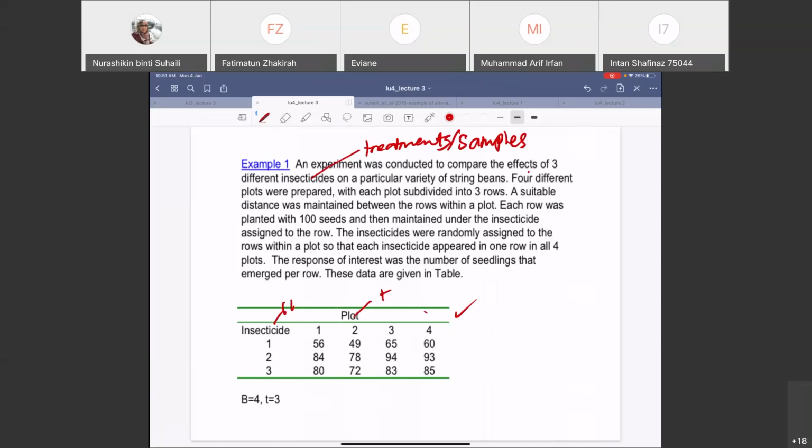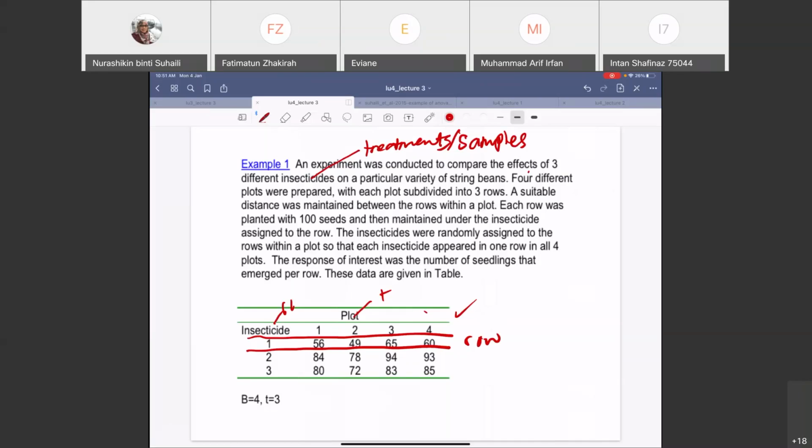This one is rows, this one is columns. It's not necessarily that the blocks are in rows and the treatments are in columns. It can be changed.